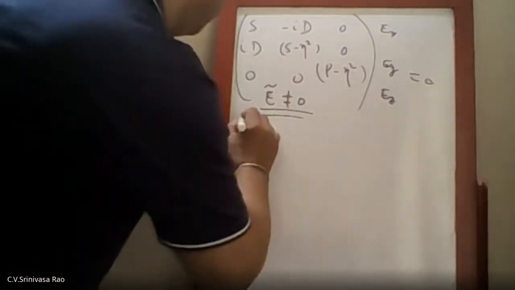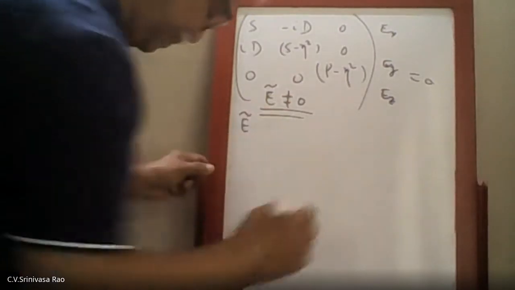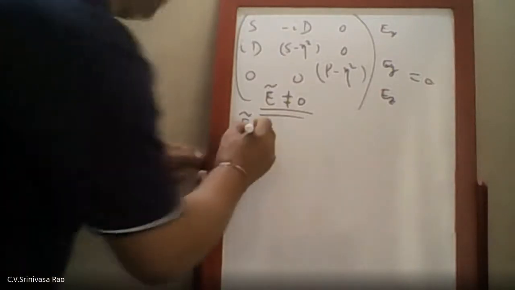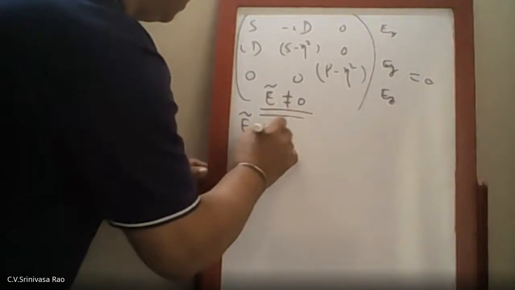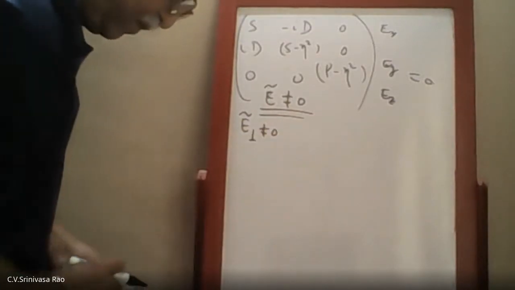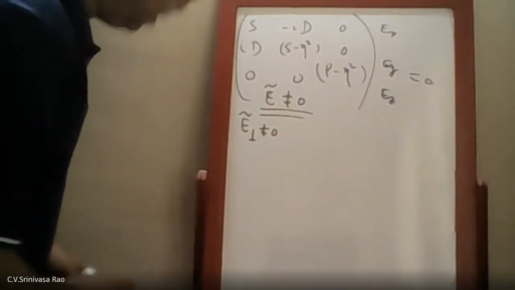So here the E tilde, the electric wave vector of the wave, is not equal to 0, so a non-trivial solution. This is called the extraordinary mode.